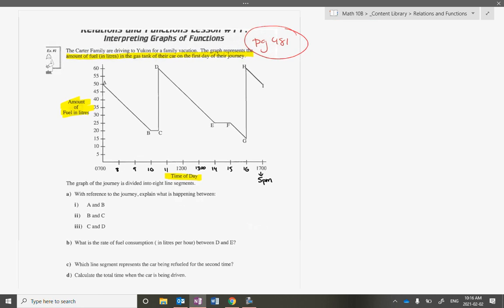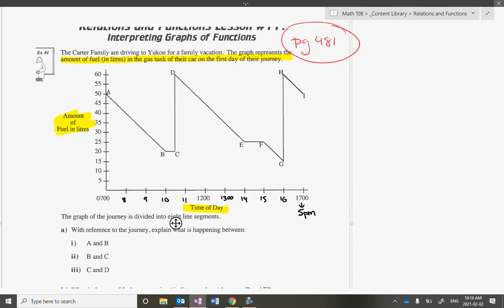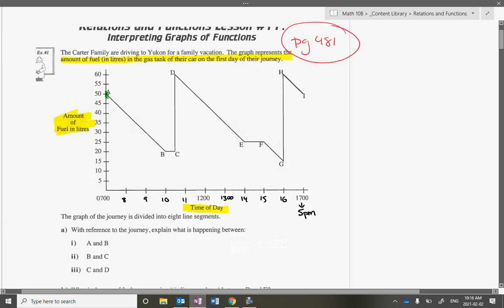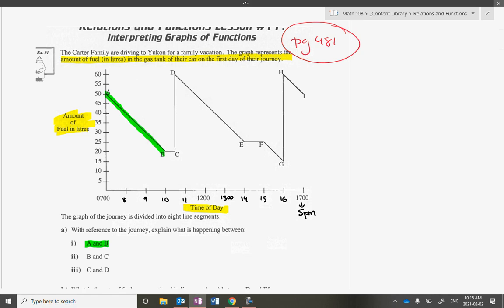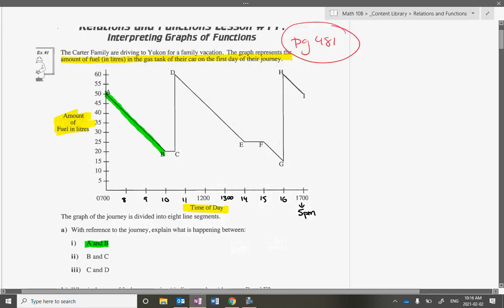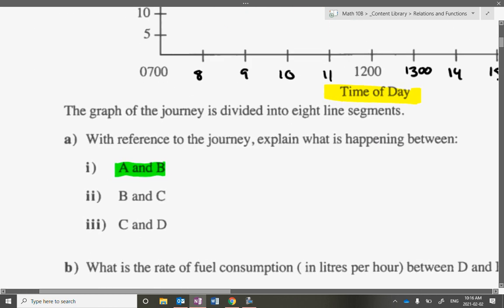So looking at our graph, remembering we're talking about a journey, what's happening between points A and B? So this first chunk of time, who can tell me what's going on in that first initial chunk? Carissa. Good, right on. Talking about driving, I'm looking for some specific words. So it's at a constant rate. So likely we're driving at a constant rate.